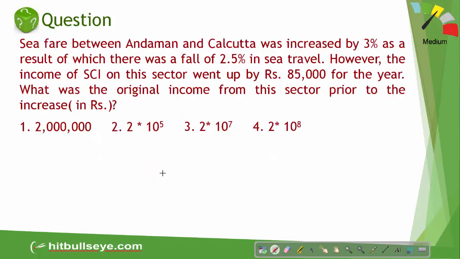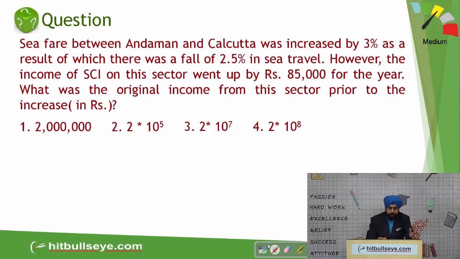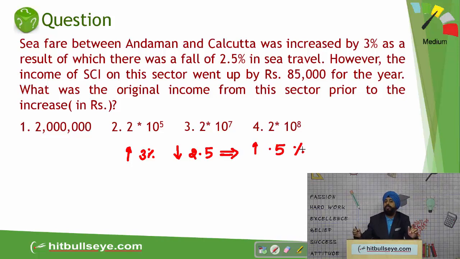Now let's solve it. Now here, students, there is an increase of 3% and then there is a decrease of 2.5% in the sea travel. So net you can see that there is roughly an increase of 0.5%, which is not true.